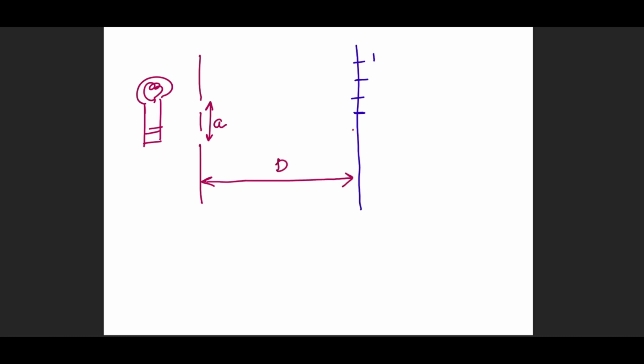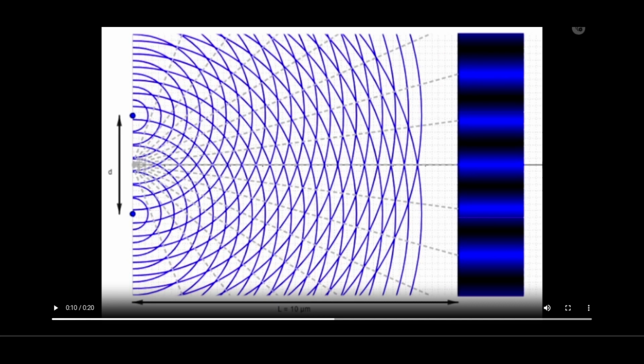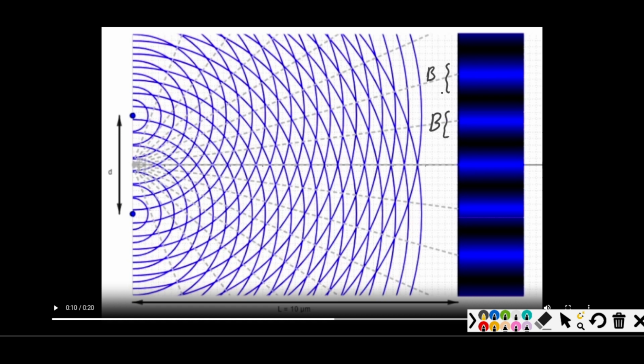And the distance between the fringes, these are called fringes, by the way. So if this is a region, we will call this a fringe. This is also a fringe, but this is a bright one, this is a bright one, and this is a dark fringe. And we know it's bright because of constructive interference, dark is because of destructive interference.